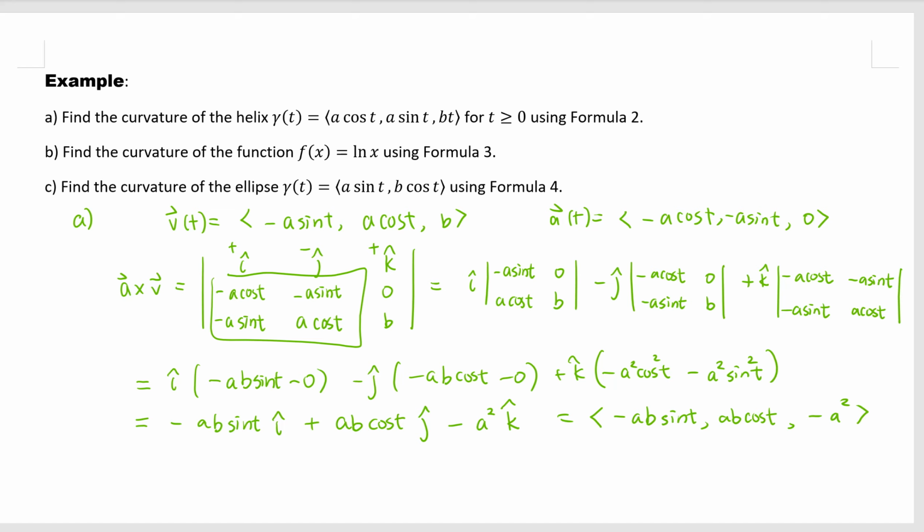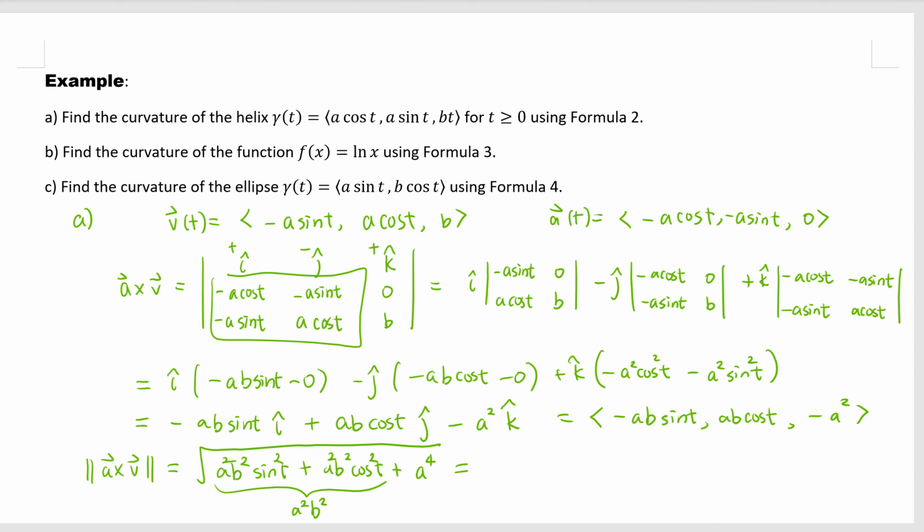So this is the cross product and it's a vector. Remember that the dot product is a number, a scalar, but the cross product is a vector. Now we can compute the magnitude of it. That is the first component squared, second component squared, last component squared, which is a to the 4th. Here you can combine and factor a squared b squared, but then sine squared plus cosine squared is 1.